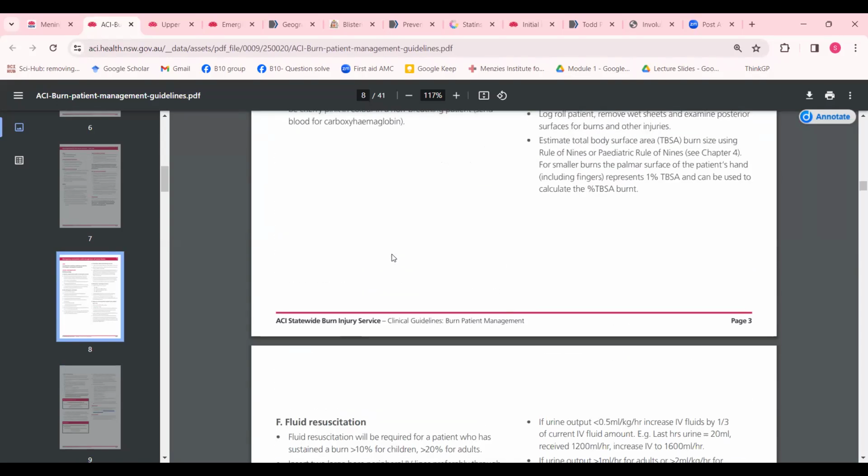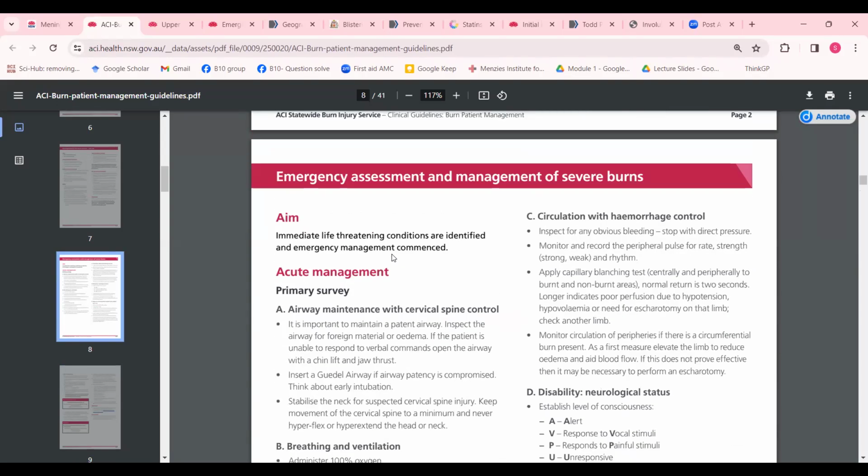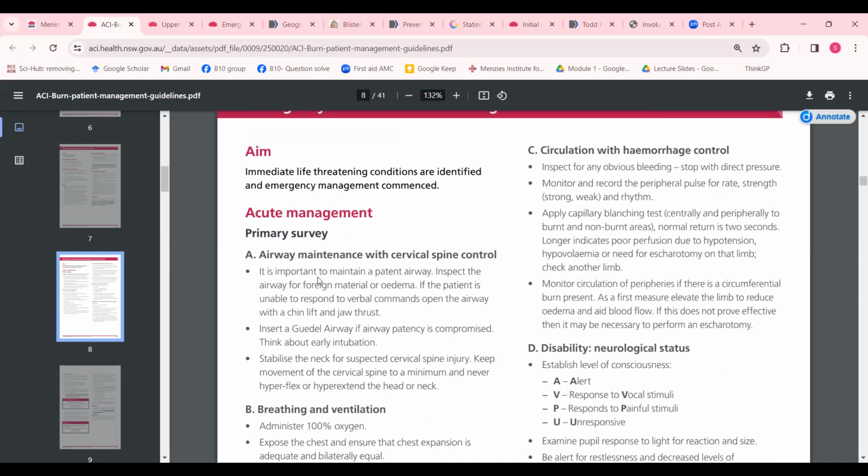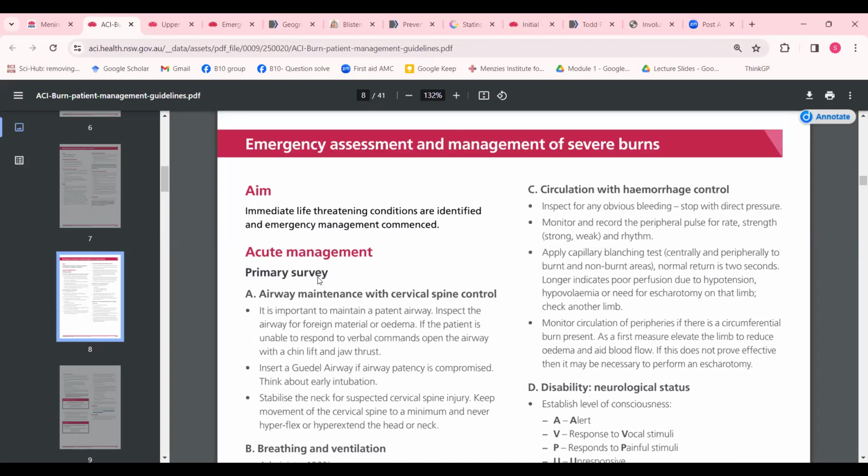We know airway, breathing, circulation, and disability. I'm not going to describe this in detail. You should know what to look for in the airway of a burn patient, specifically if they have oral burns or burns in the airway tract, they are prone to get laryngeal edema.